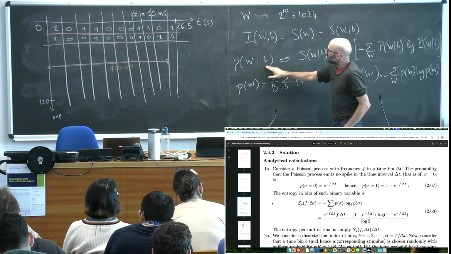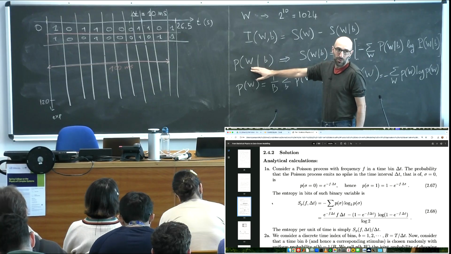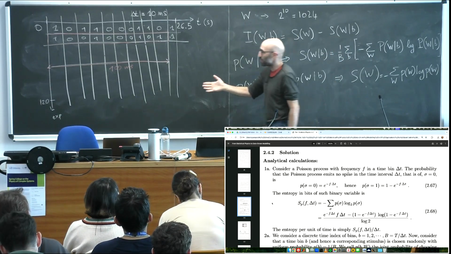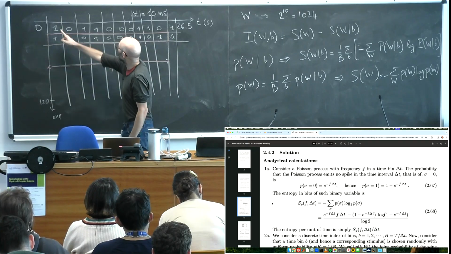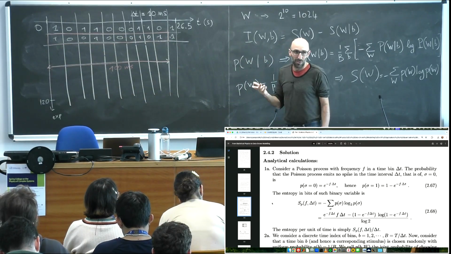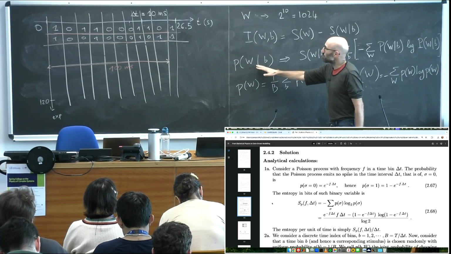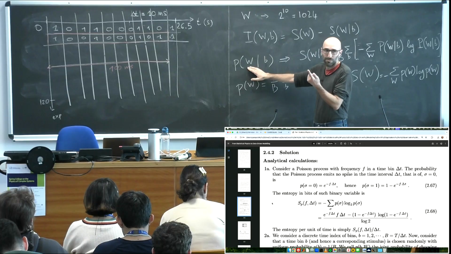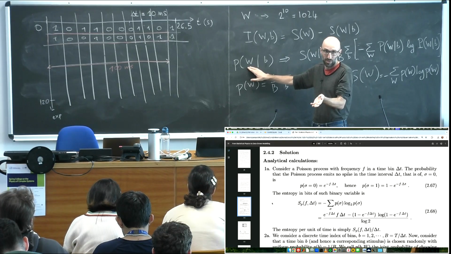This gives you how much variability you have in the response to the stimulus at time 0. For example, if you fix the bin at time 0 and the response of the neuron was deterministic, you would always see the same word. So this probability would assign probability 1 to a certain word and 0 to all the others.